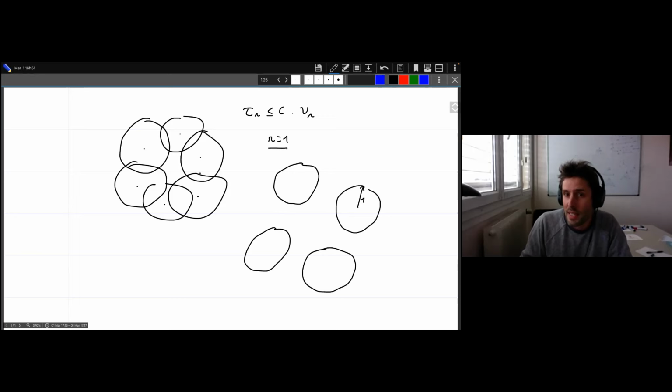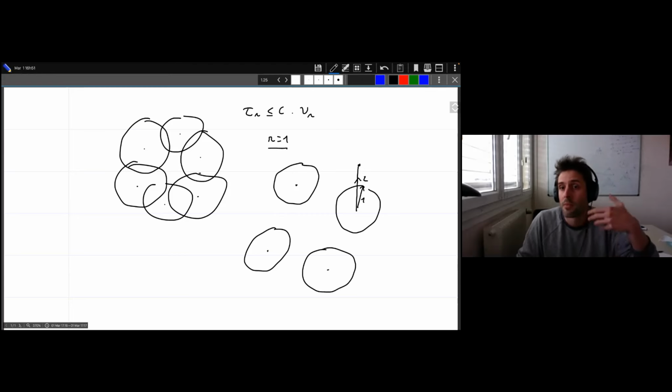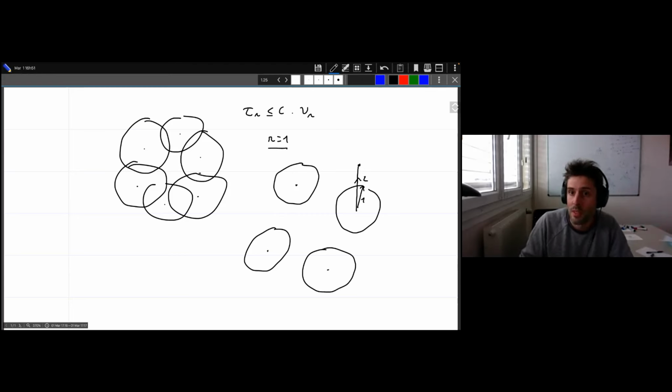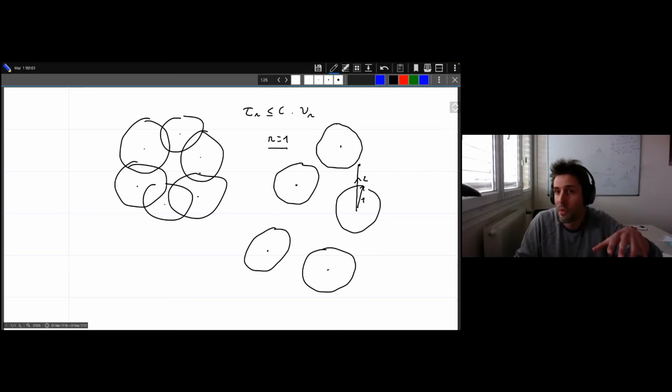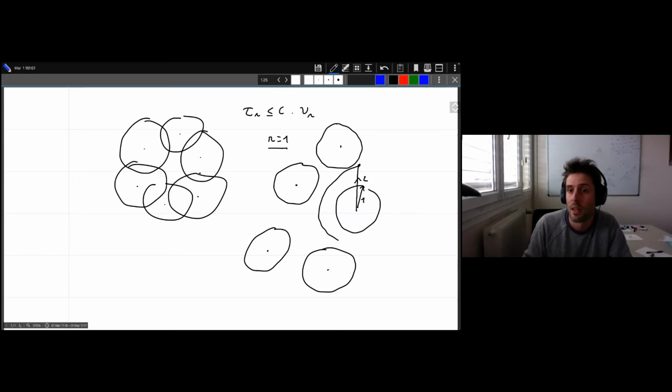Now it's maximum, so each point has to be at a distance at most 2 from one of these balls. Why? Because if it was at a distance more than 2 from each of these balls, then the corresponding ball would be disjoint from everything, and it would contradict the fact that it's a maximum. So each point lies in the ball of radius 2 centered at one of these points.